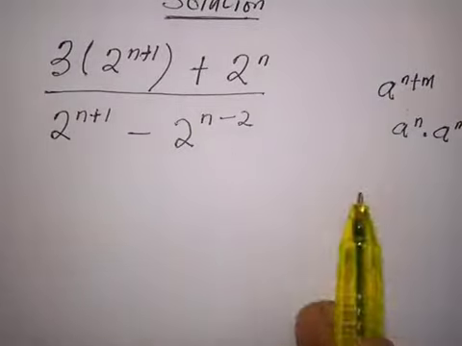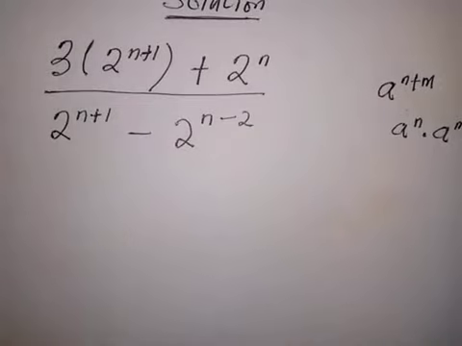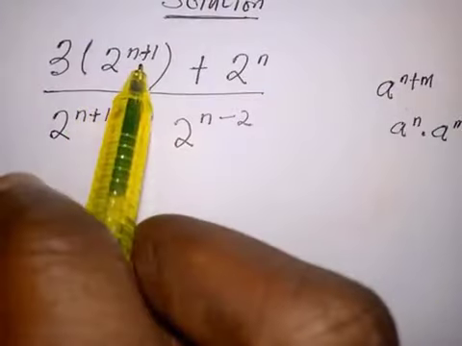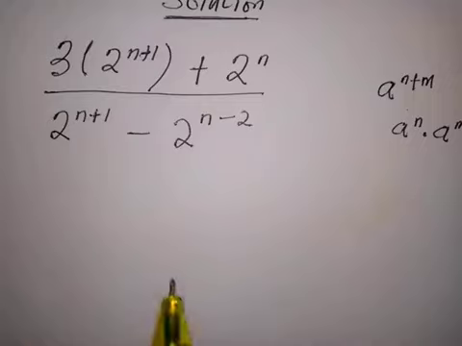So if I apply this to this question, the 2 raised to power of n plus 1 can be written as 2 raised to power n dot 2 raised to power 1. We all agree to that based on the rule.